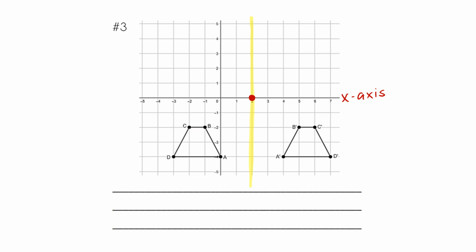And so we can realize that point A is 1, 2 squares away from that line, and A prime is also 2 squares away from that line. Since the line is evenly in the middle, we know that that is a reflection across, and then we would label it x equals 2. The x stands for the x-axis, and the 2 stands for the point 2 that it runs through.